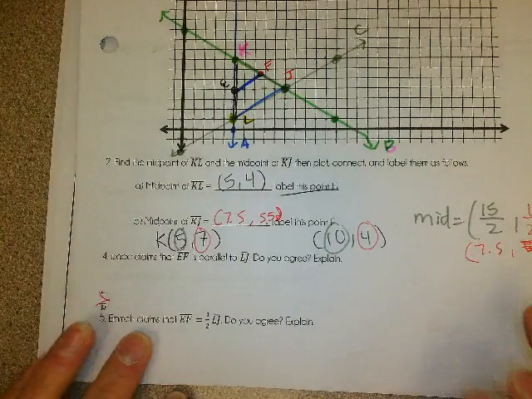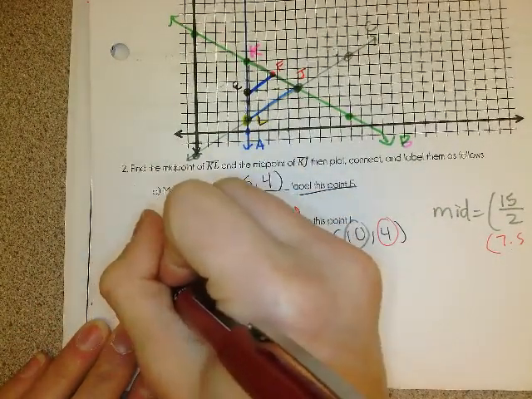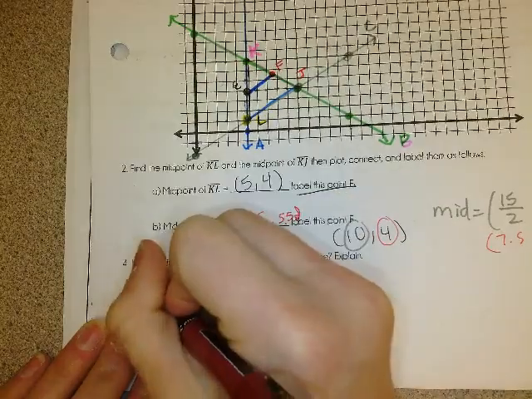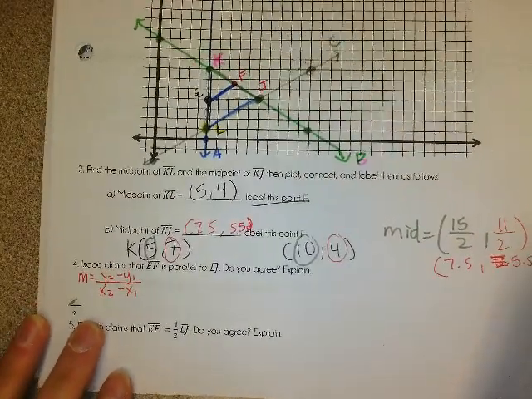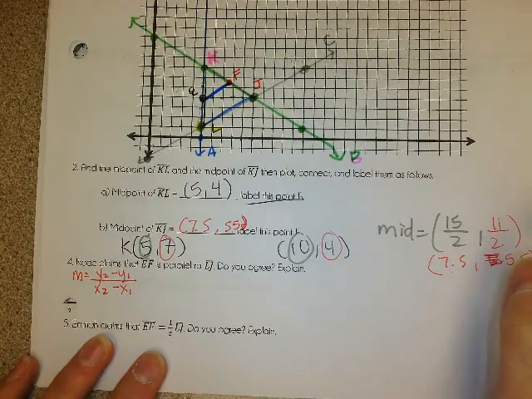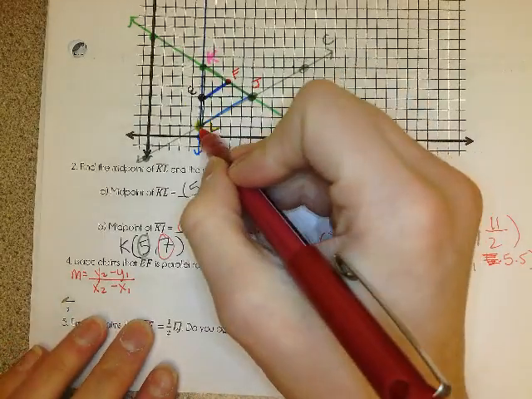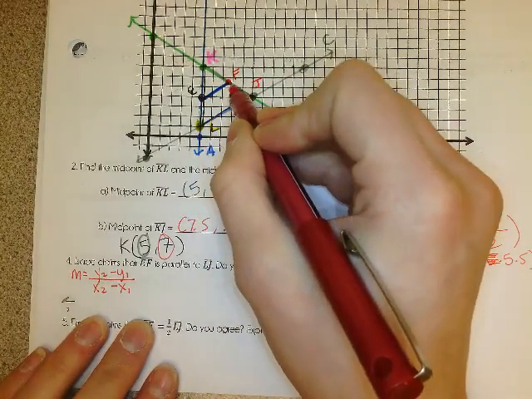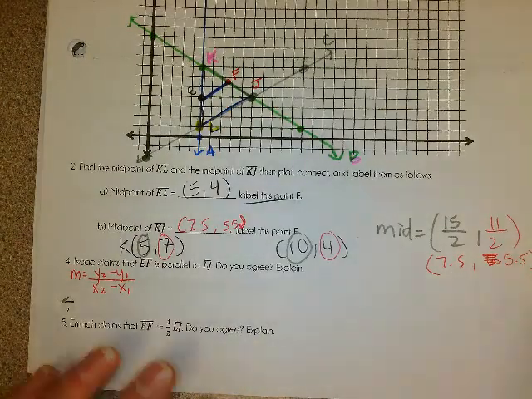Slope formula, remember, is y2 minus y1 over x2 minus x1. So I can do the slope formula for both of them, which on the test, that's what you're going to need to do. So if you want to practice that, I'm going to count the slope for LJ, and I'll do the slope formula for that one. Okay, so that way we can see both ways.